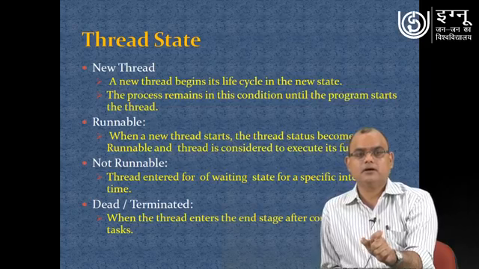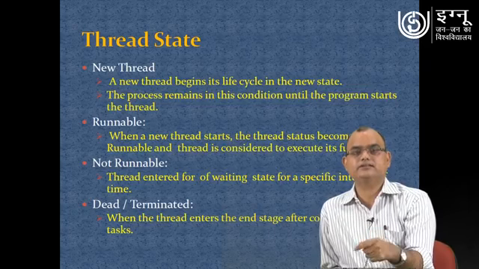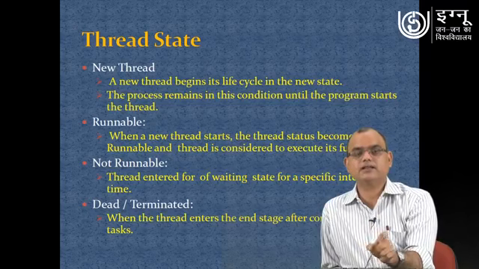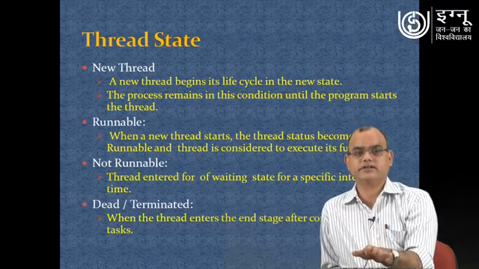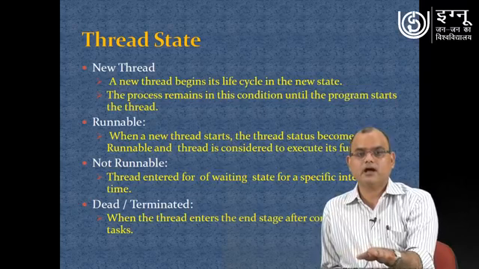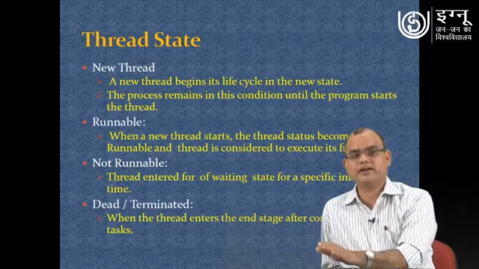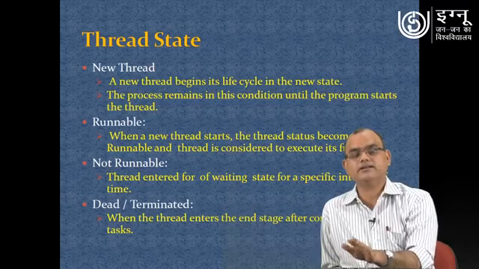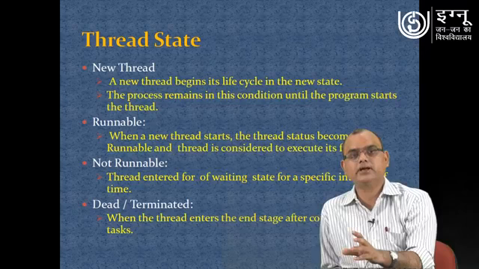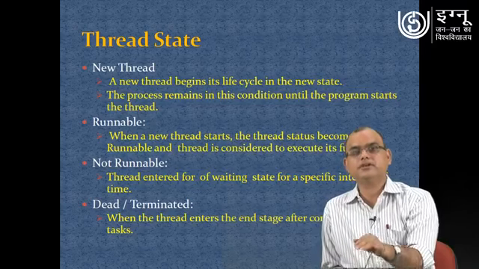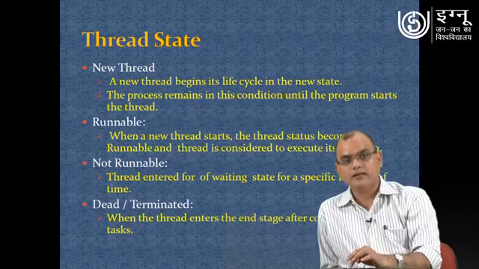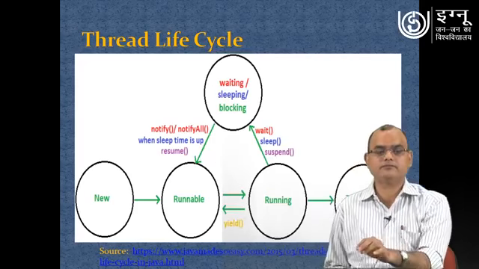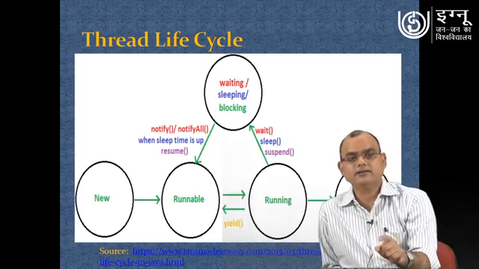Runnable means that once a new thread is created and started by using the start method, it is ready for execution and is in the runnable state. Not runnable means either the thread has completed its activity, that is, it is dead, or it has been suspended or stopped for some moment of time as per the requirement of the program, so it is not in the runnable state. These are the basic states of a thread, and in this diagram you can see the different stages.